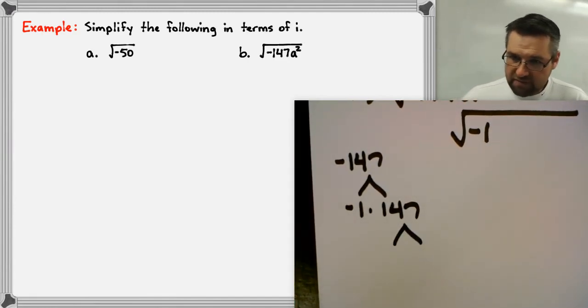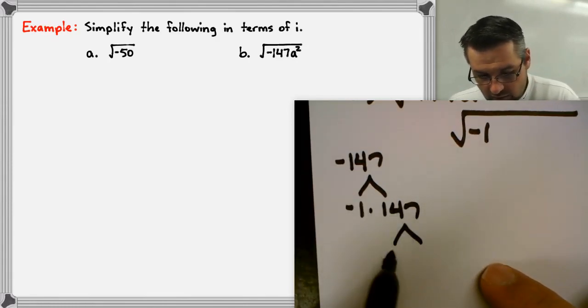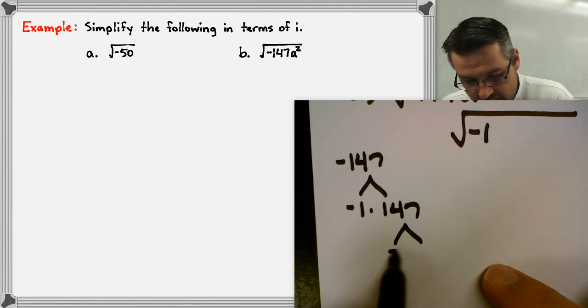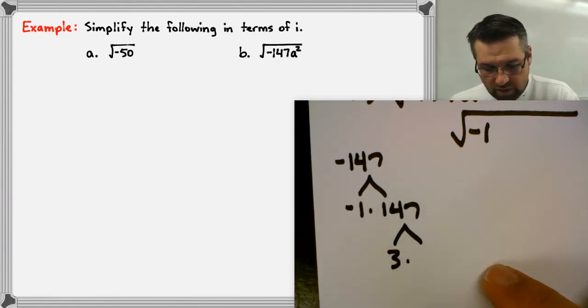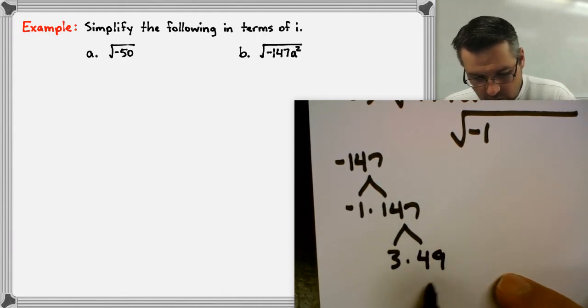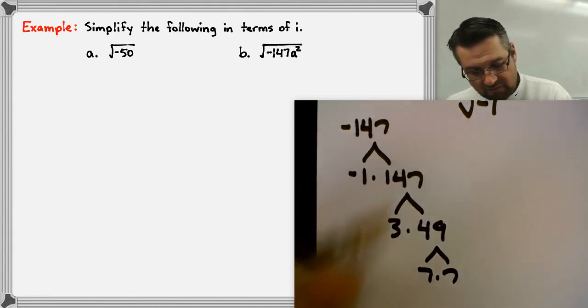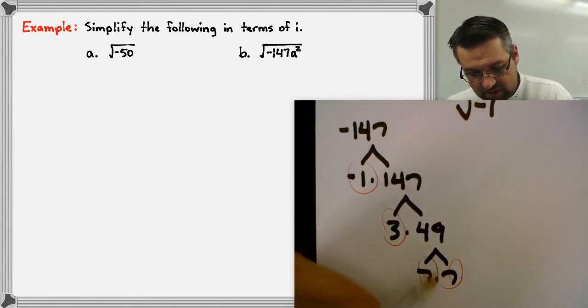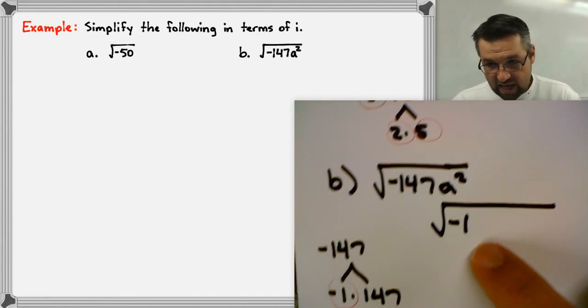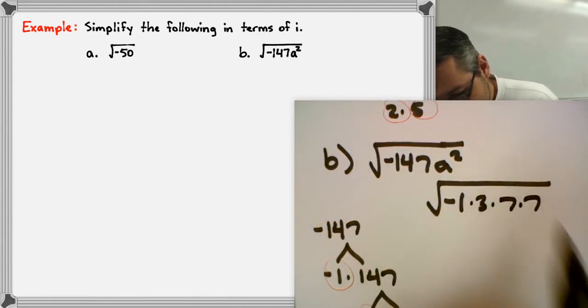How do I know if it's divisible by 3? If I add the digits, 1 plus 4 plus 7, that's 12. 12 is divisible by 3, so I can divide by 3. 147 divided by 3, that's going to be 49. 3's prime, 49 factors into 7 times 7. So our prime factors: negative 1, 3, 7, and 7. So I already have my negative 1 there. I'm going to put my 3, my 7, and my 7 there.